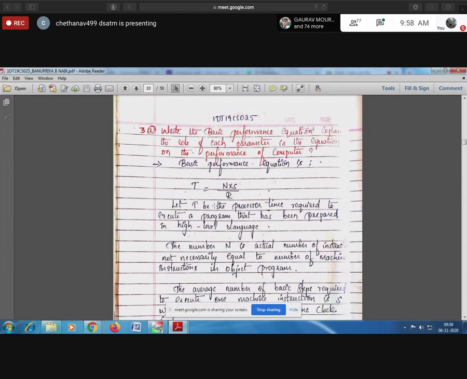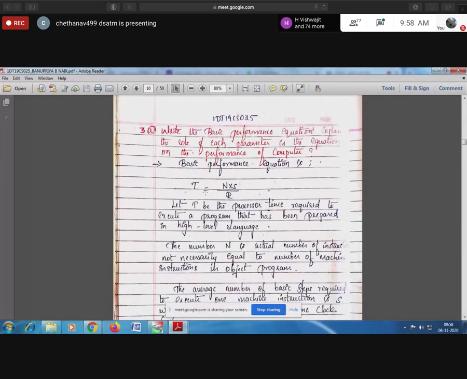Those who have not studied and are not able to write fast, out of 10, they'll write 8. Some people will write 5. Some people will write 7. So that will happen. Based on that, we have to require the performance of my processor.